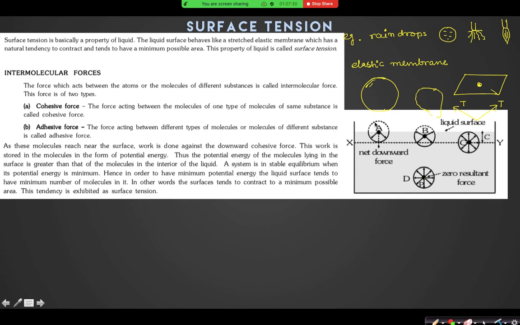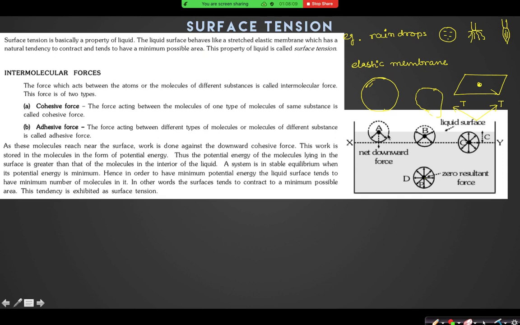If the outside particles are of some other liquid or some solid material, then I cannot ignore that upward force, right? Rather, in some cases, the adhesive force may be greater than the cohesive force. But here, as the outside is air, the air to water adhesive force is almost negligible, and you make it zero.